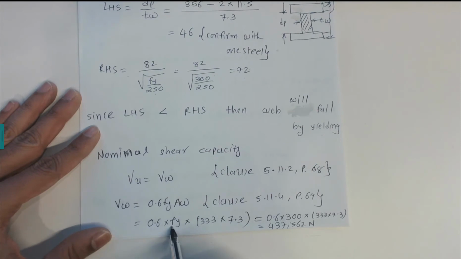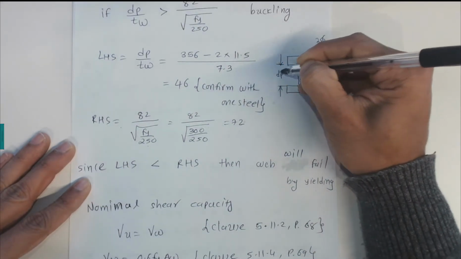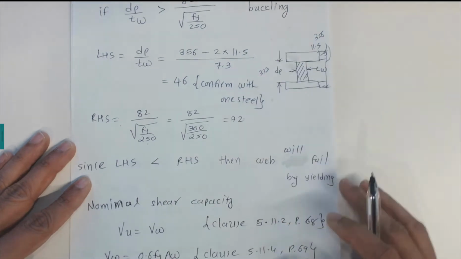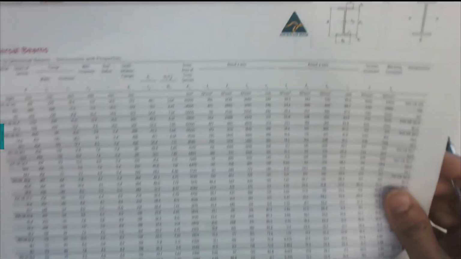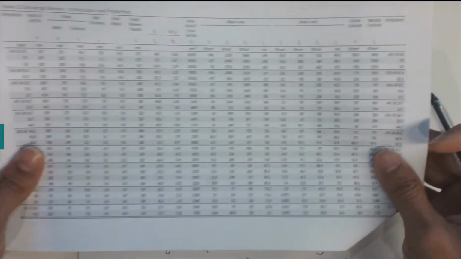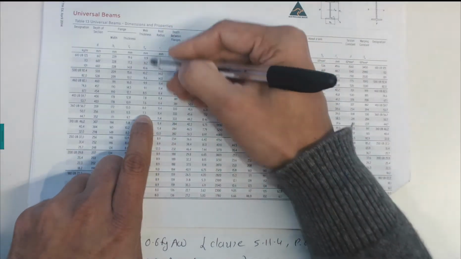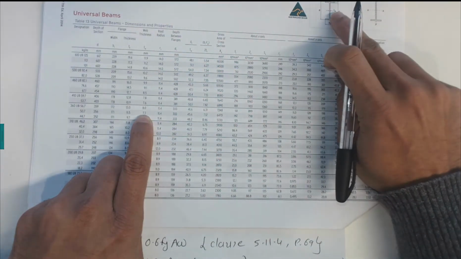So 0.6 times fy times 300, so that distance is 300, also given in the OneSteel tables for the 360 UB 50.7, and that is 300 here, times 7.3. The thickness of the web is 7.3 here. So all the notation is given here.